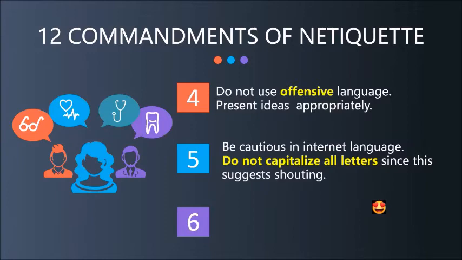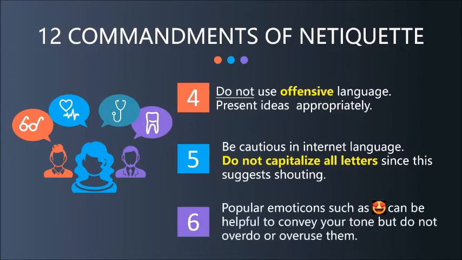So when you type your ideas, avoid all caps, no? Avoid all uppercase letters because it means you are shouting. So use upper and lower cases when you type on the internet. What else? Popular emoticons such as that happy face with a heart can be helpful to convey your tone, but do not overdo or overuse them.